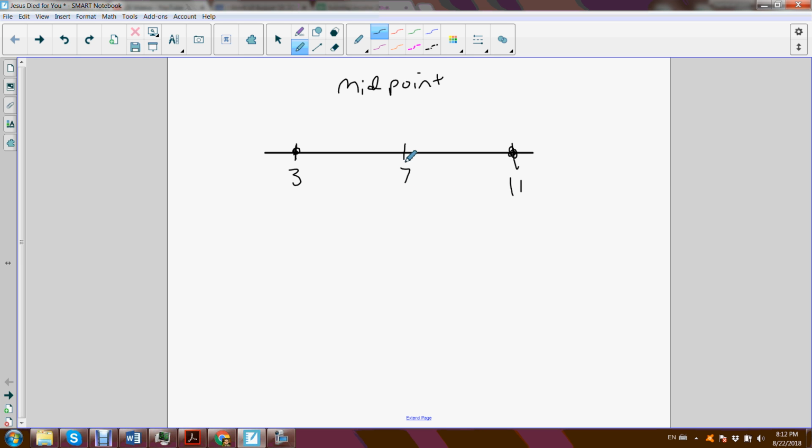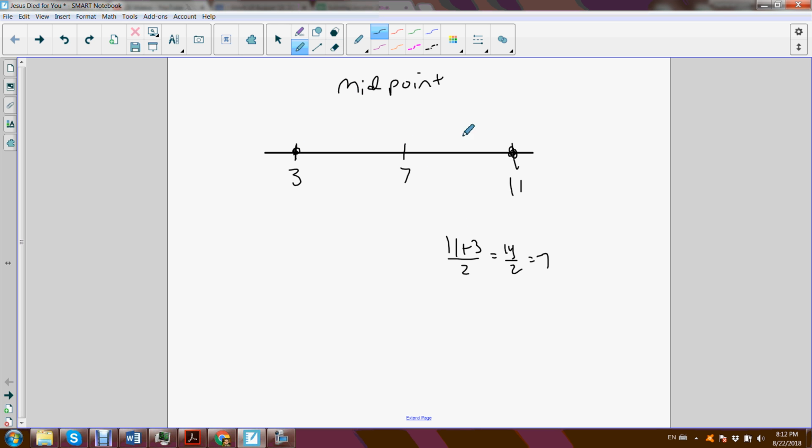Sure, if it's halfway in between, then it would have to be the average of the other two numbers. And how do you average two numbers? You add them together and divide by 2. 11 plus 3 is 14, and 14 divided by 2 is 7. So there are 2 ways to look at it. You can just think logically, or you can find the average.